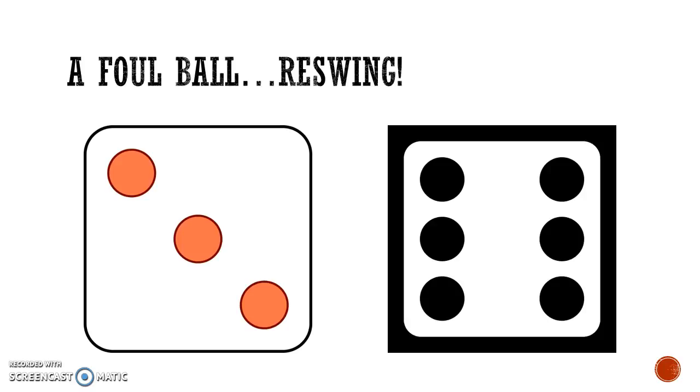In baseball, you have 3 strikes, right? Well, a foul ball is counted as a strike unless you already have 2. Say I hit a foul ball and I have 2 strikes already. That third foul ball would not count as a strike. It's just a do-over. It might seem a little complicated, but as we play, you'll get the hang of it. It's really not that hard.